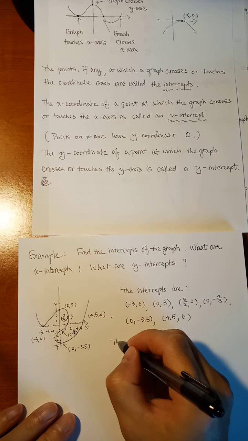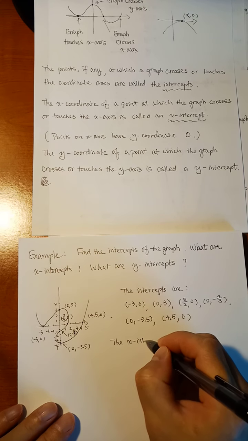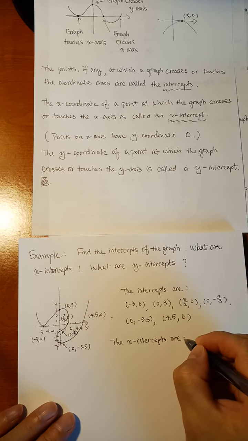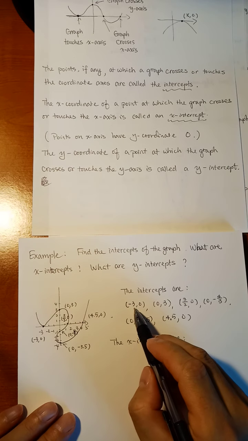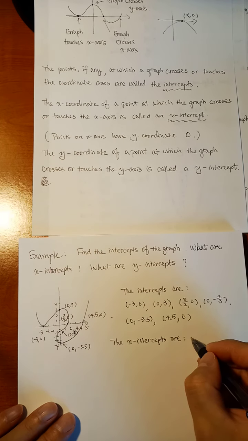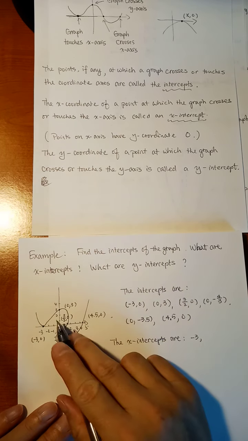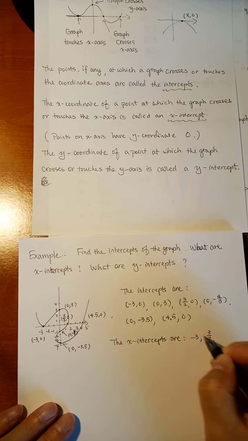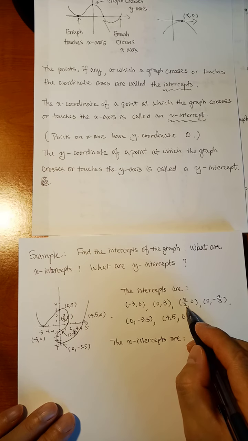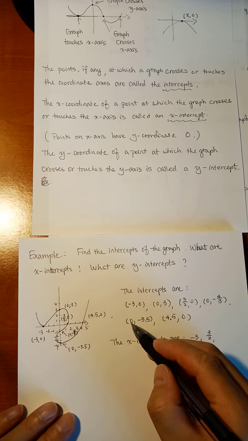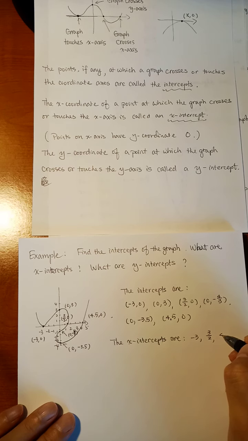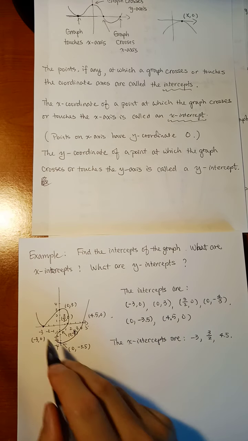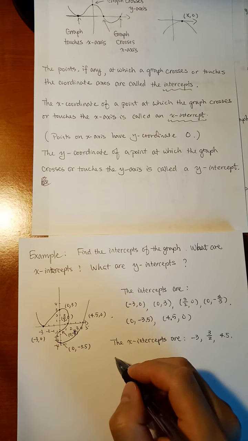Then the x-intercepts. X-intercepts means we only collect the x coordinate. Here, negative 3. This is on the y-axis, so we don't count. This is 3 halves. We only consider the x coordinate. Here 0 is on the y-axis. Here 0 is on the y-axis. Here is 4.5. Okay, so these are the x-intercepts, only x coordinates.